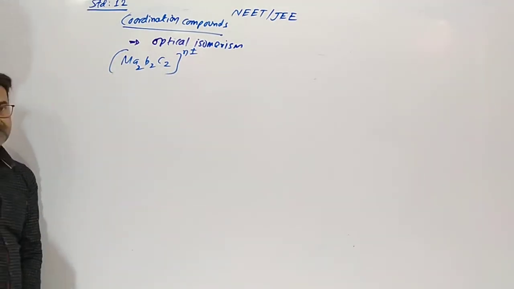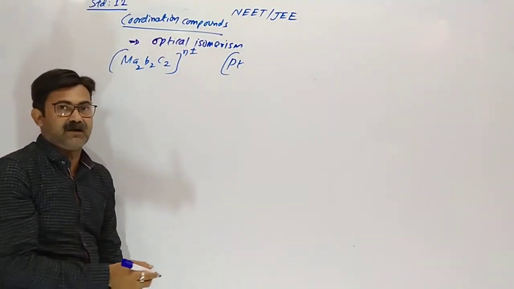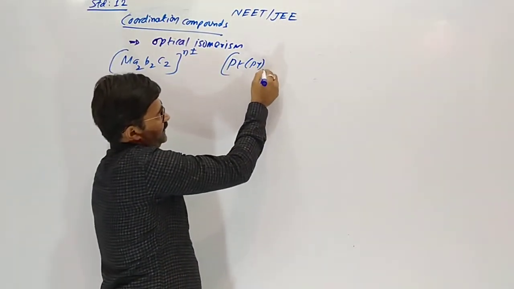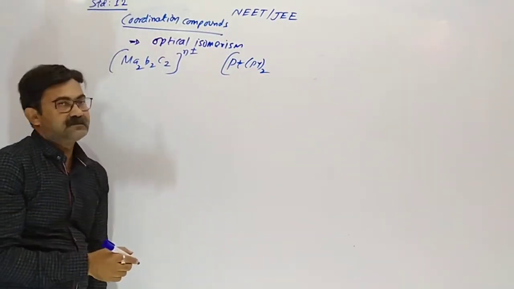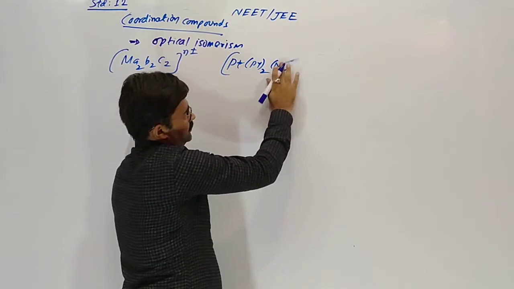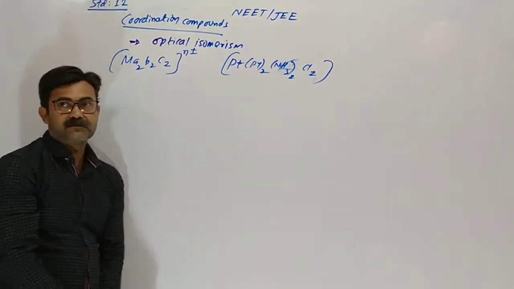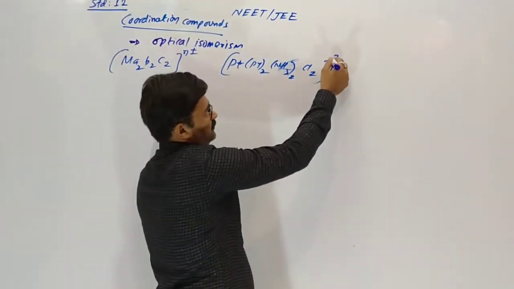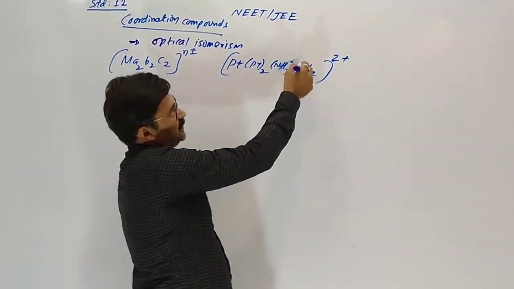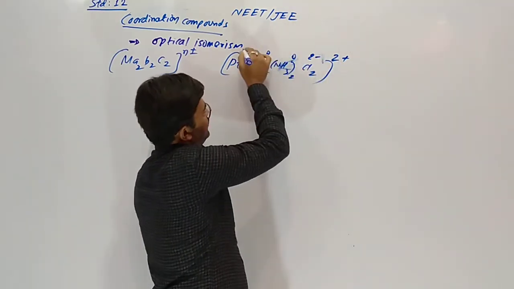A2, B2, C2. Example of it, platinum combining with 2 pyridine, 2 amine and 2 chlorido. Charge is +2. Here -2, 0, 0. Here it is +4.